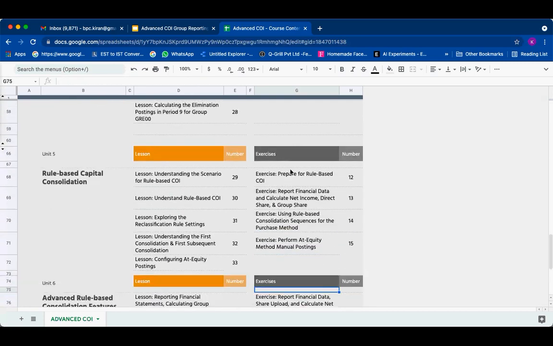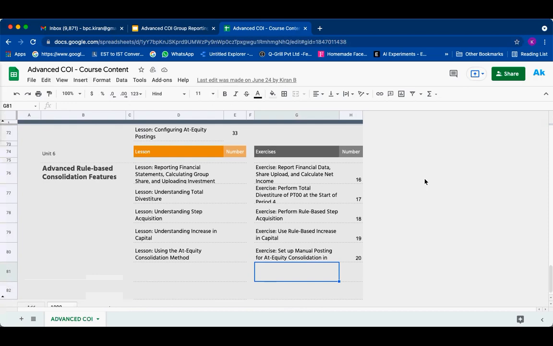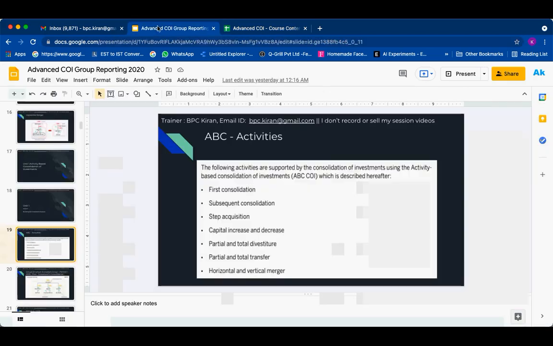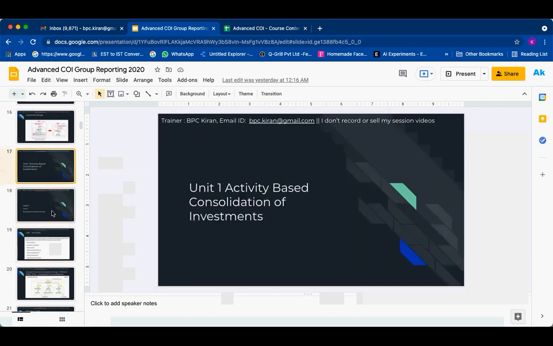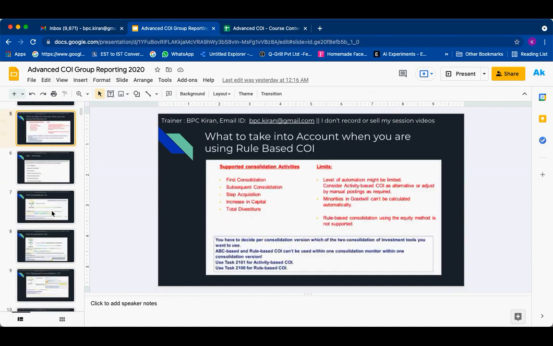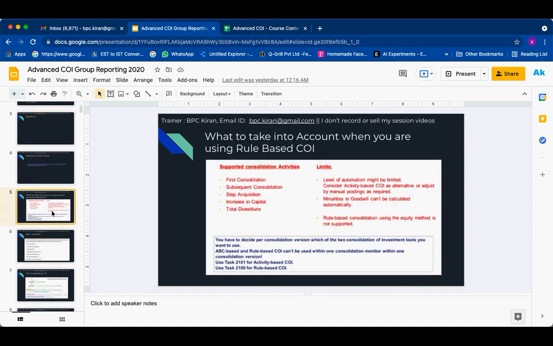Tomorrow we will discuss what to take into account when you are implementing rule-based, what to take into account when you are implementing ABC, and what benefits you are going to get.